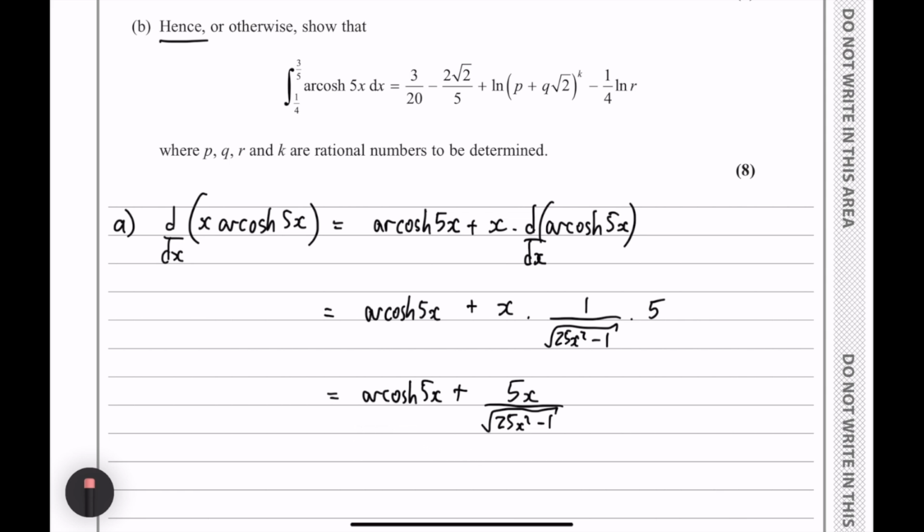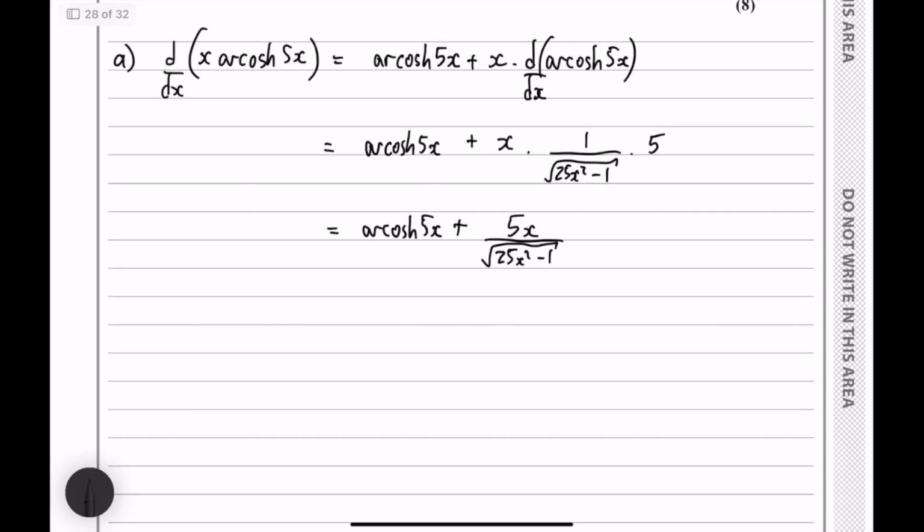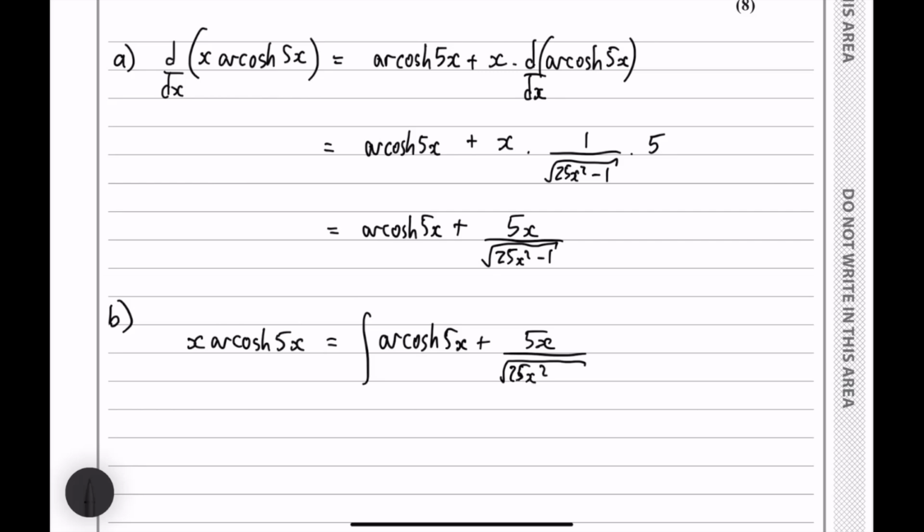Show that the integral, and we've got limits, is equal to this, where we've got a bunch of numbers to find. Okay, so if we integrate both sides of what we've got at the end of part A, x arcosh 5x is equal to the integral of arcosh 5x plus 5x over the root of 25x squared minus 1 dx.